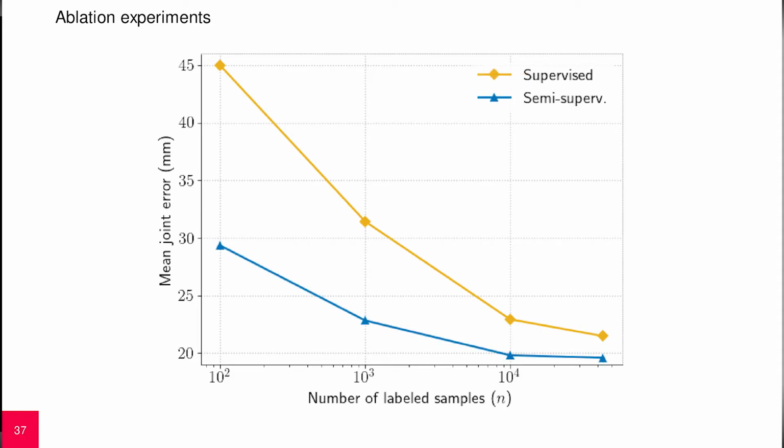But comparing to our semi-supervised approach, where we jointly train with labeled and unlabeled data, we can significantly decrease the error, especially for the cases where we have a low number of samples compared to the supervised case.